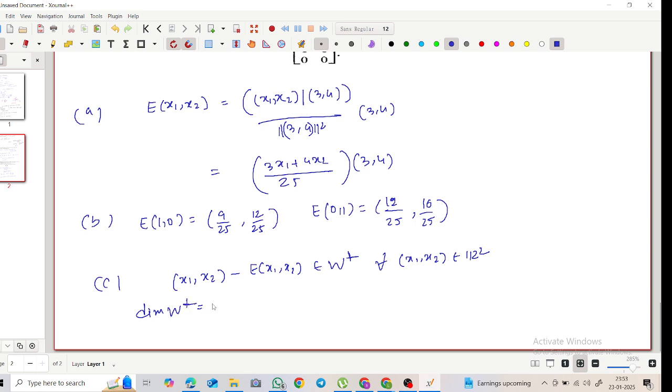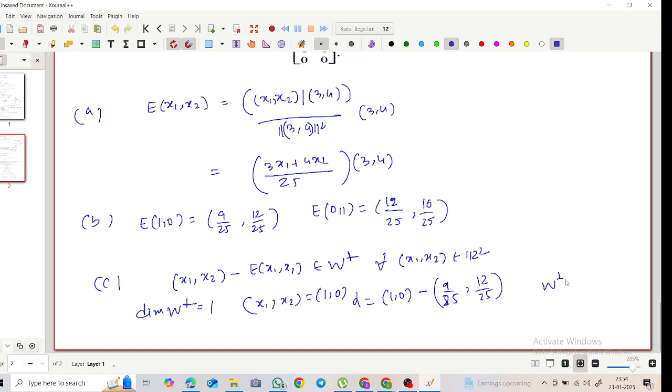So you just put (x1, x2) equal to (1,0). Then (1,0) minus E(1,0) is this. Call it alpha.